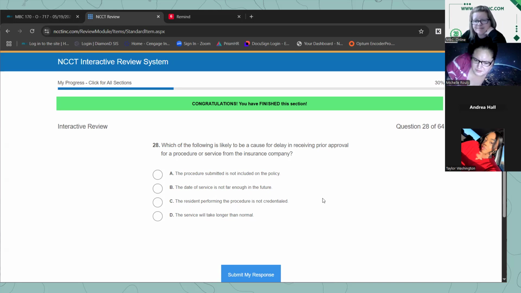Think maybe C? No, that doesn't feel right. Follow that train of thought. Yeah. I don't think it's going to be C. I don't think they're going to go so far as to digging into credentialing when they're doing prior approval. They're going to be looking at the basics like medical necessity or if they cover that procedure at all.